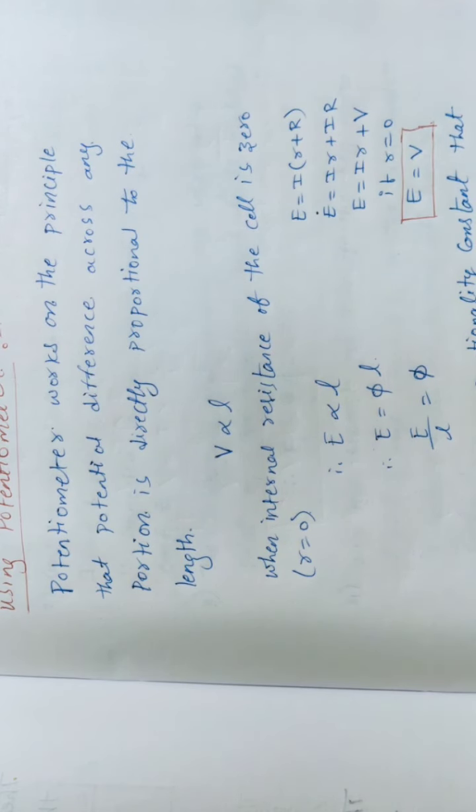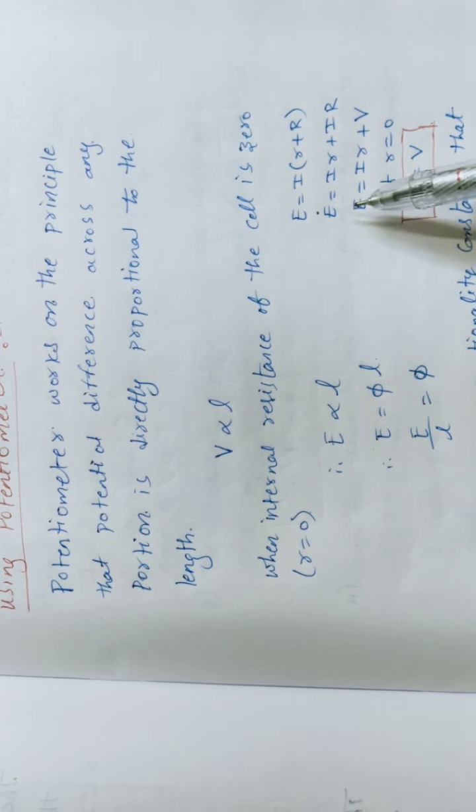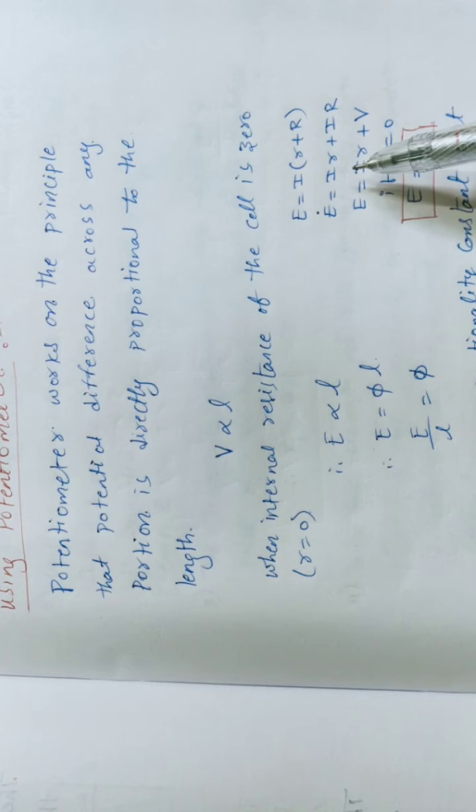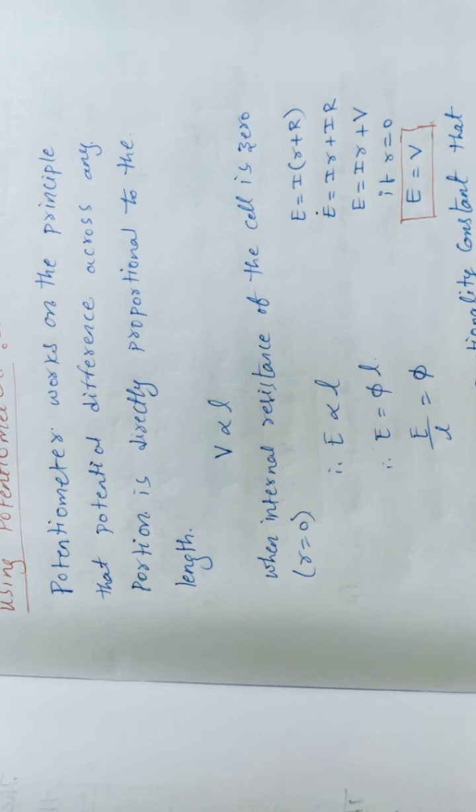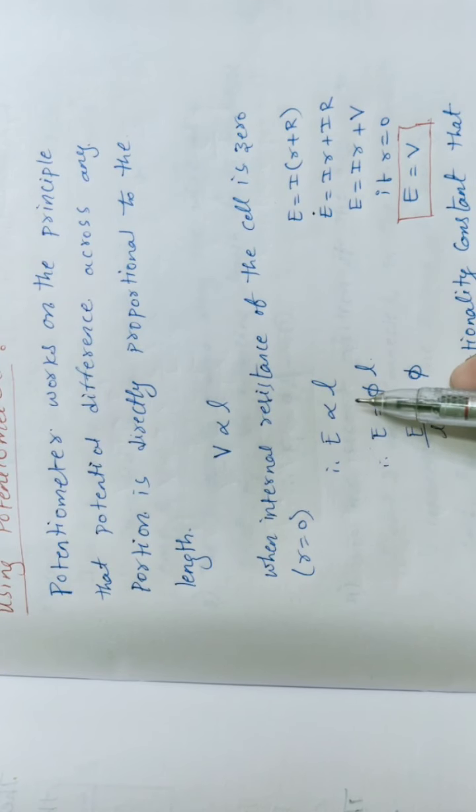Expanding mathematically, E equals I r plus I R, so E equals I r plus V. If small r is equal to 0, then capital E equals capital V. Therefore E is proportional to L.